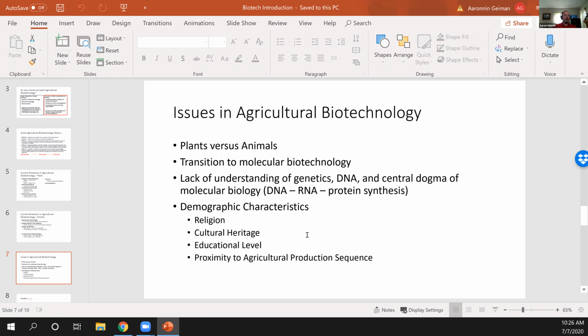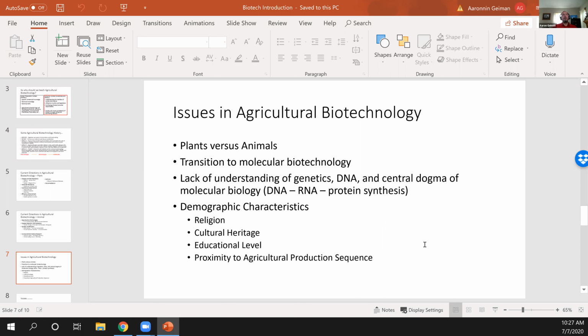A lot of my students who do science research at the social level have studied this, and we find a pattern that people with higher education levels seem to be a little more amenable to biotechnological advancements. And I think it goes with the fact that they probably have studied DNA and genetics of organisms a bit deeper. And finally, proximity to the agriculture production sequence.